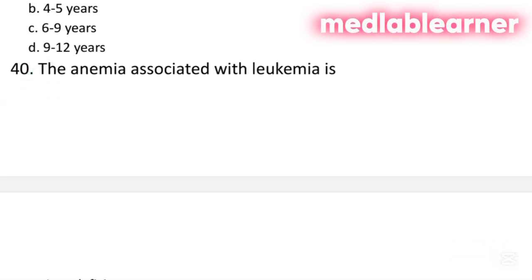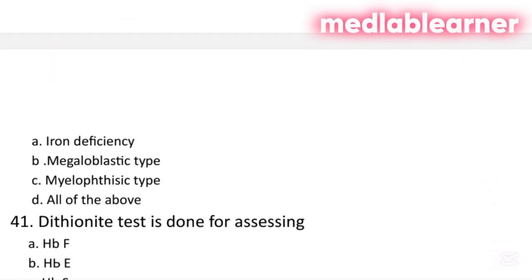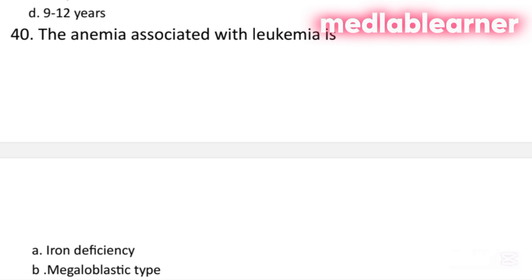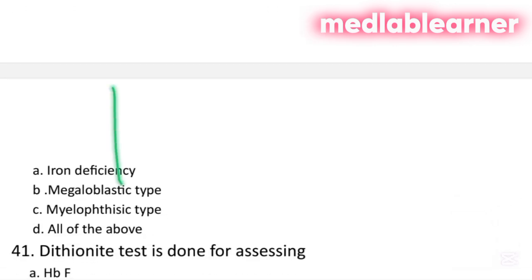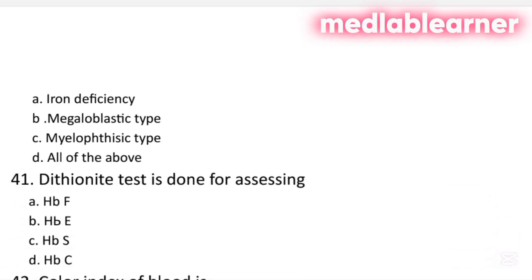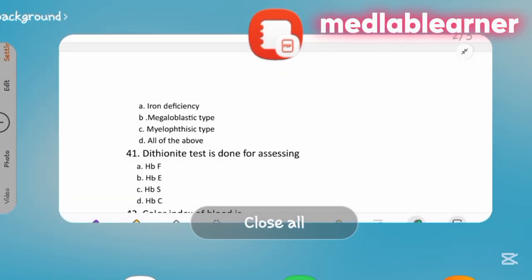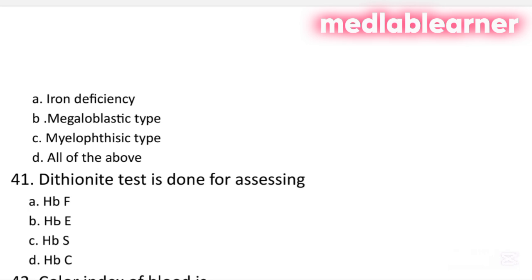40. The anemia associated with leukemia is A. Iron deficiency anemia, B. Megaloblastic type, C. Myelophthisic type, D. All of the above.